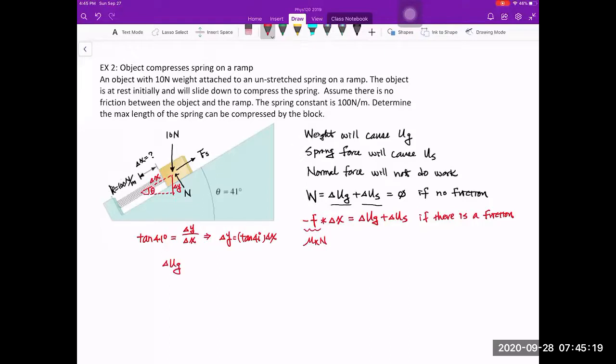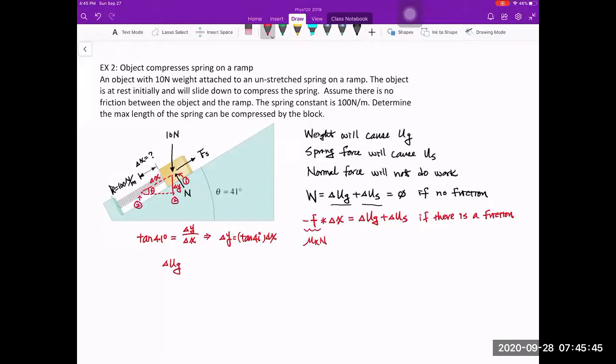The change of potential energy starting from this position to this position. So this is your starting point. This is your final point. And this is going to be the final point of the spring.